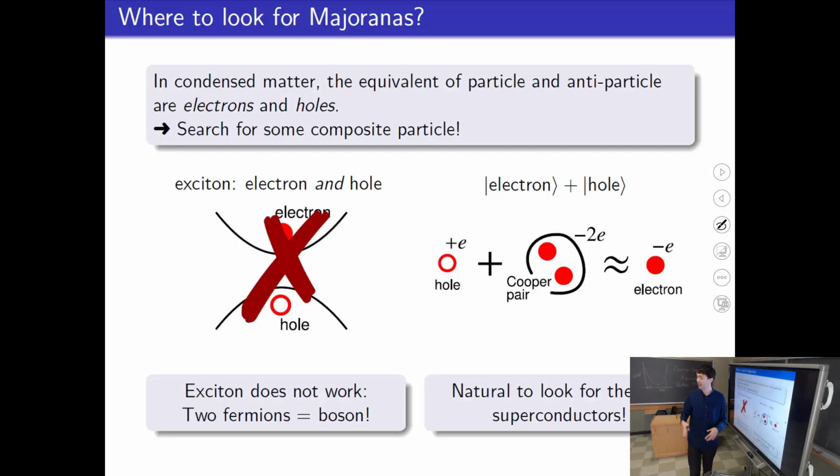And I cannot go into the full background on superconductors in this 1 hour that we have together. But I can tell you that in superconductors, you have these Cooper pairs, which are also composite bosons. So they are two electrons bound together by phonons, typically. In most superconductors, it's phonons.